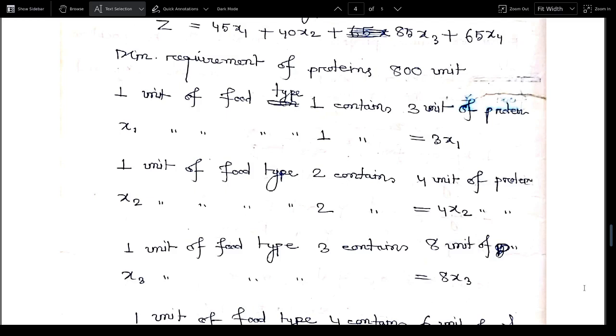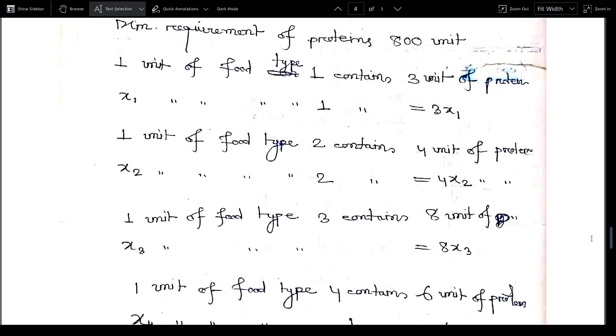So here you see I have written 1 unit of food type 1 contains 3 units of protein. So this one will be what? x1 units of food type 1 will be 3x1.